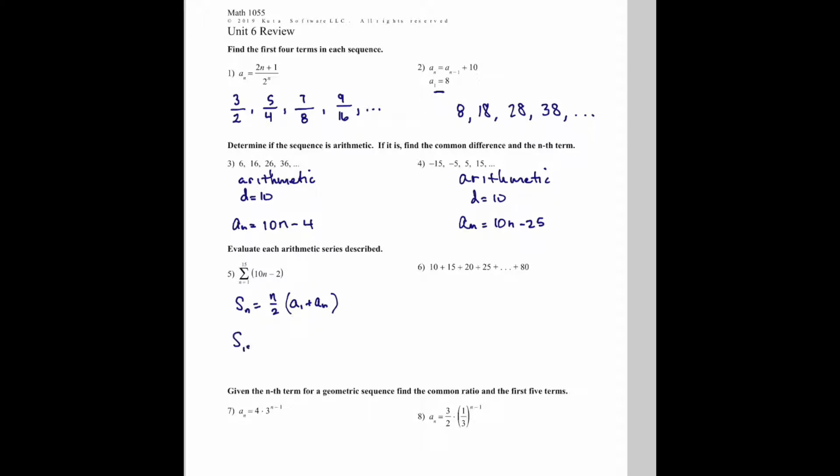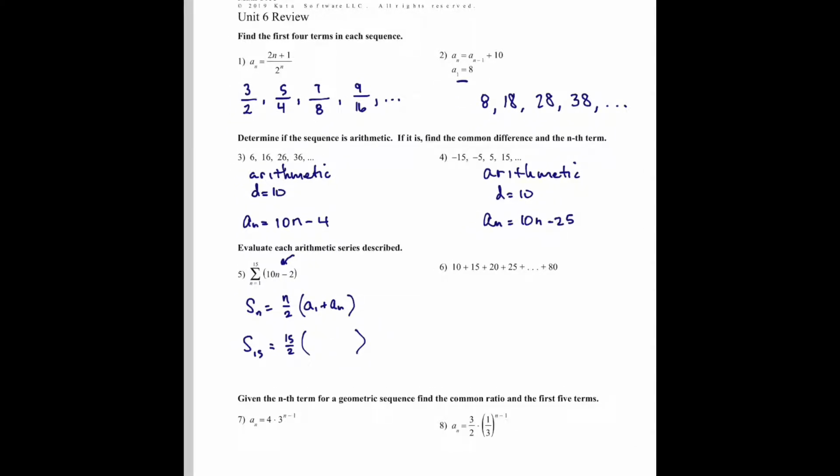So the sum of the first 15 terms is going to be 15 divided by 2, and then we need to figure out the first term and the last term. And to figure that out, we're going to use this nth term formula. Plug in n equals 1, you're going to get 10 minus 2, which is 8. If you plug in n equals 15, you're going to get 150 minus 2, which is 148.